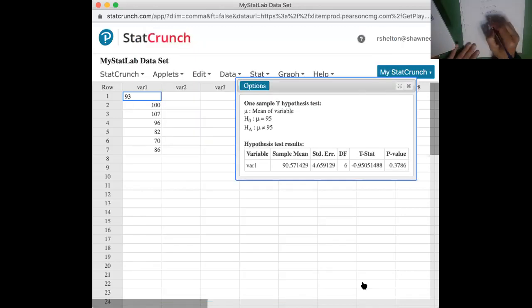We get a t-stat of minus 0.9505 and a p-value of 0.3786. Okay, X bar 90.5714, standard error 4.6591. That's good enough. All right, let's go back to the problem.